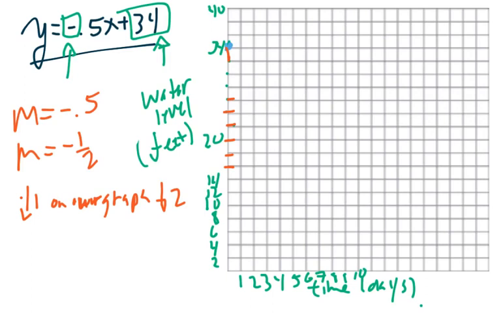And if we're going down 2, we have to figure out how far to go to the right. So we're doubling our numerator, which means we double the denominator. So if we're really going down 2, that means we have to go to the right 1, 2, 3, 4.